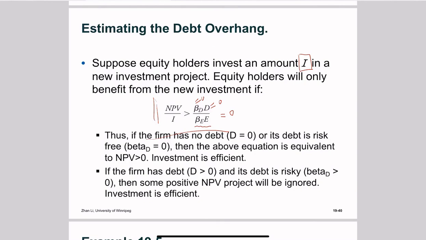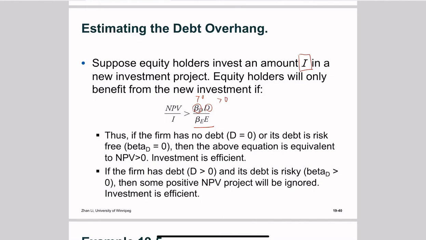Now you can see when you will have this debt overhang problem. If D is positive and beta D is positive, that is, if the firm is using debt and this debt has systematic risk, in this case, there will be debt overhang. So if this right-hand side is larger, then the debt overhang problem in this firm is more severe.